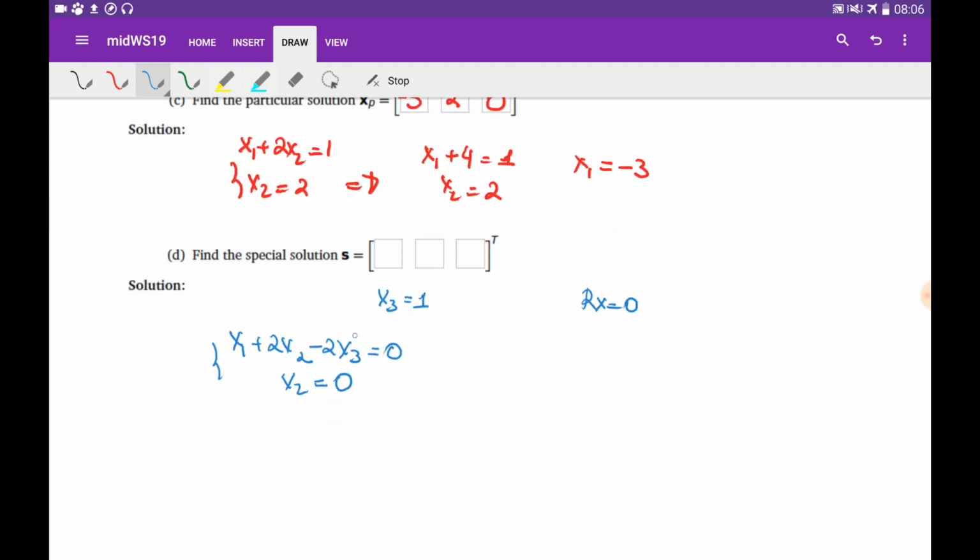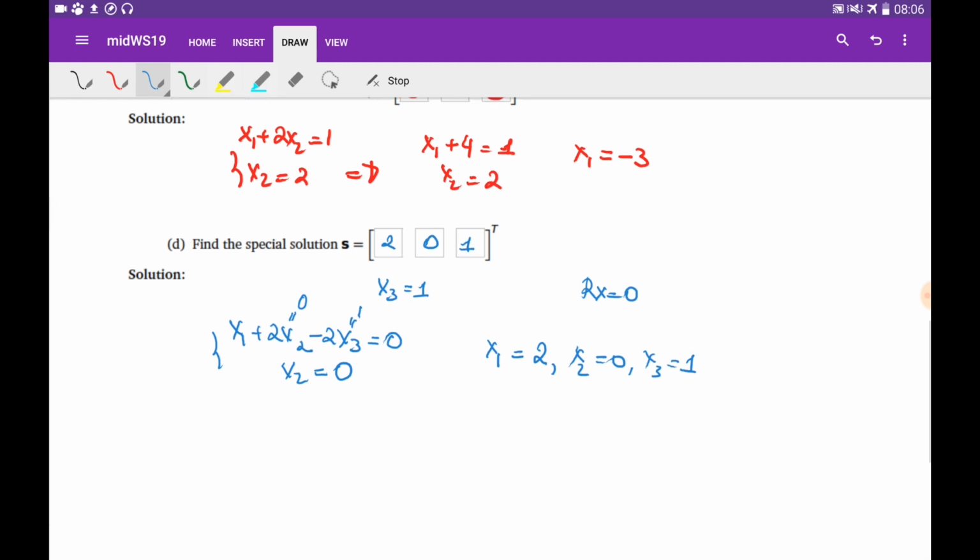If we substitute x3 equal to 1 into the equations, we obtain that x1 is equal to 2, x2 is equal to 0 from the second equation, and x3 is equal to 1 as we set up in the beginning. So it's going to be 2, 0, 1.